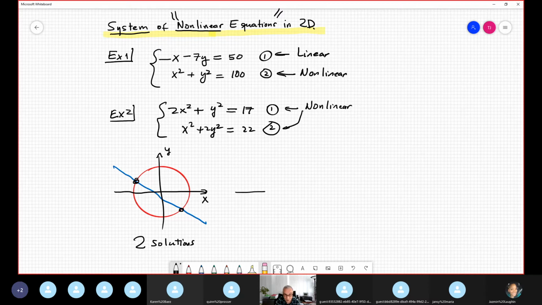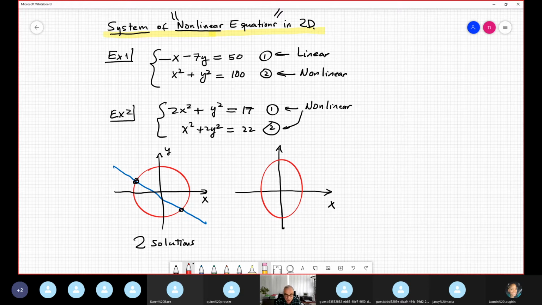Suppose another case, another nonlinear system. The first equation represents an ellipse, like that. Let me show you. An ellipse is like a circle, but it's not exactly the same radius in every direction.